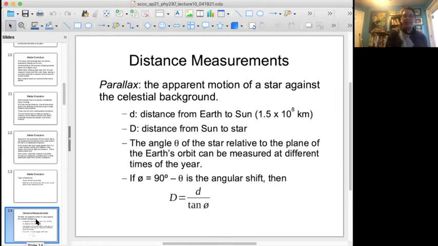So small d is the distance from the Earth to the sun, and capital D is the distance from the sun to the star, and phi is the angular shift that the star makes, sort of the angle of parallax, over the course of the year. Then you can write capital D equals small d divided by the tangent of phi.